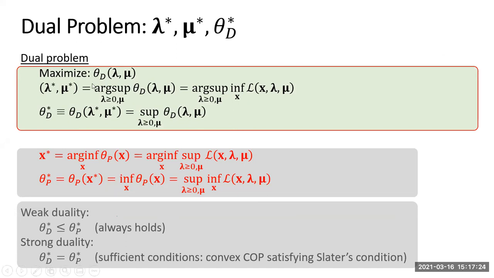The maximum of the dual function will occur at lambda star and mu star, which is the arg sup of the infimum of the Lagrangian. And theta d star is the notation for theta d of lambda star mu star. So this is the dual problem.